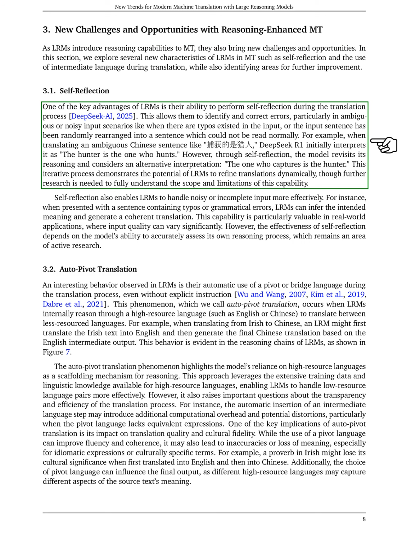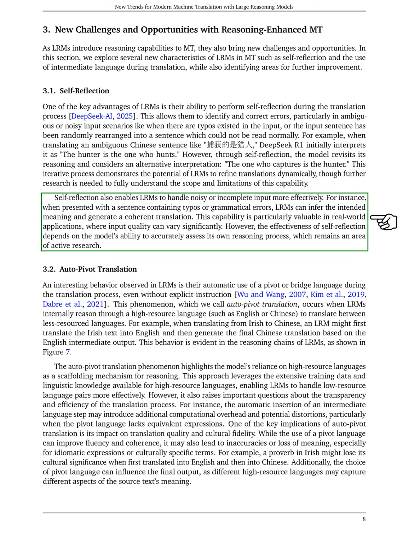For example, when translating the ambiguous Chinese sentence, "Bu huo de shi lai ren," DeepSeek R1 initially interprets it as, the hunter is the one who hunts, but through self-reflection, it considers an alternative meaning: the one who captures is the hunter. This iterative process shows LRMs' potential to refine translations dynamically, although more research is needed to understand this capability fully.